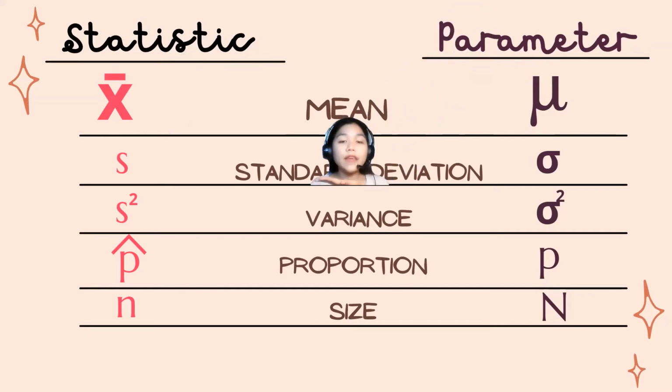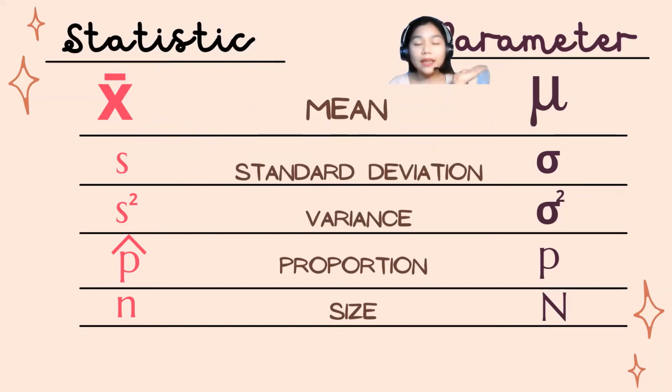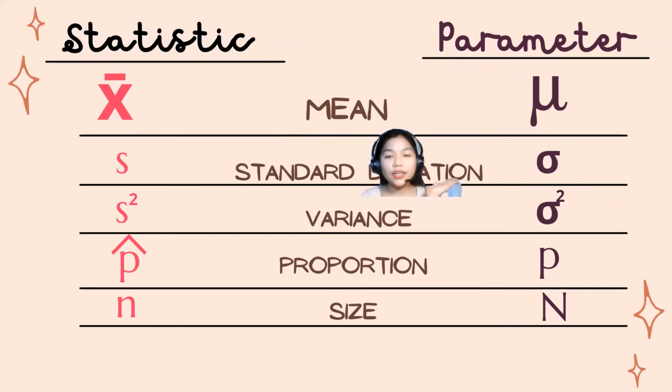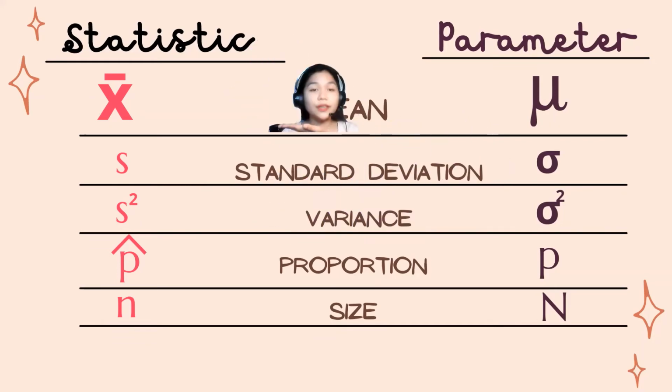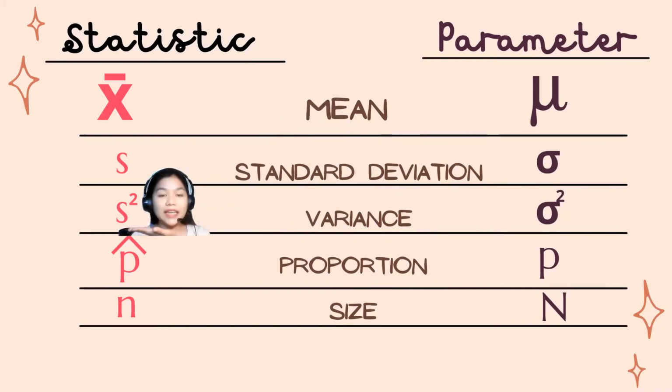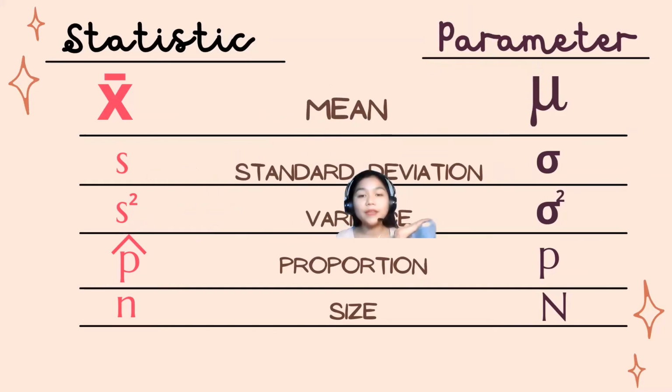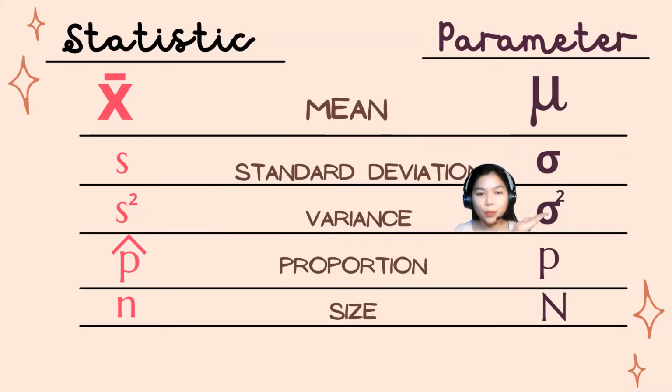For standard deviation naman, the statistic standard deviation of the sample, of course, is designated by S. While the parameter, okay, standard deviation is designated by sigma. And the statistic variance or the sample variance is S squared, while the parameter variance is sigma squared.